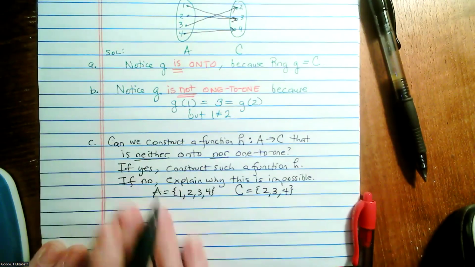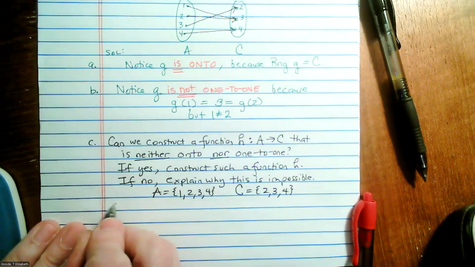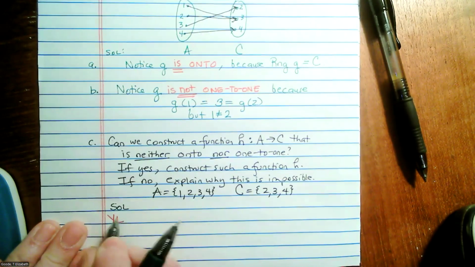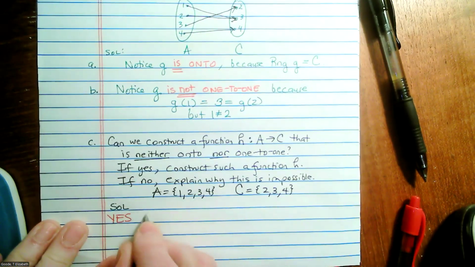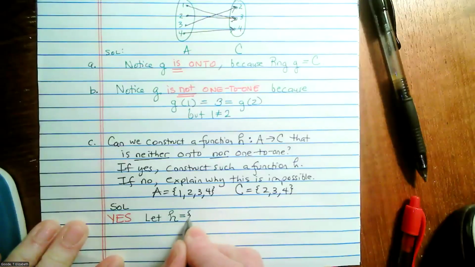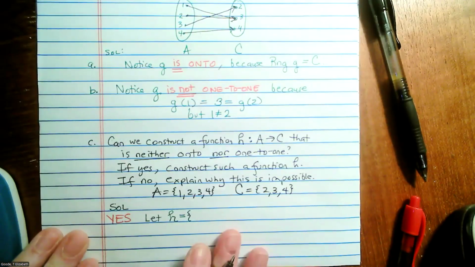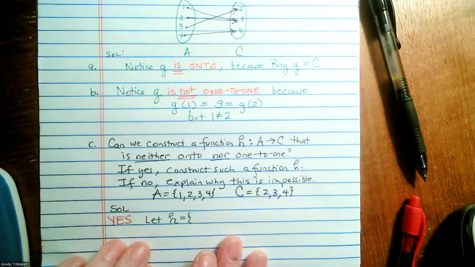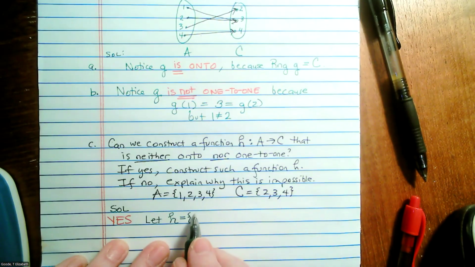So you want to help me build that function? Let me draw it out on the paper first. So we got 2, 3, 4. We got 1, 2, 3, 4.